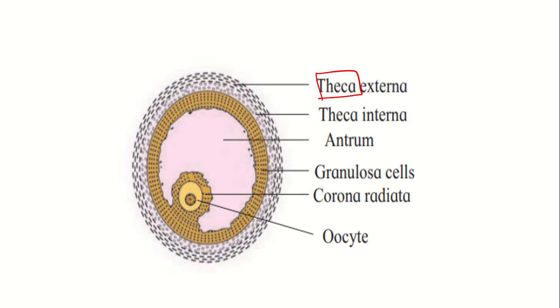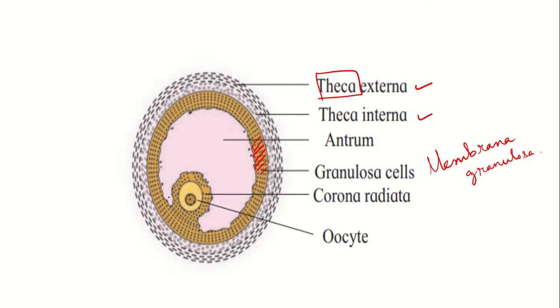The outer one is theca externa, and just beneath it, theca interna is present. After this theca layer, there are a number of granulosa cells known as the membrana granulosa, this yellow one.